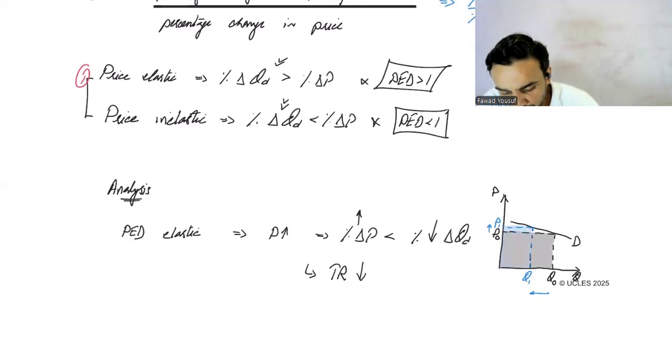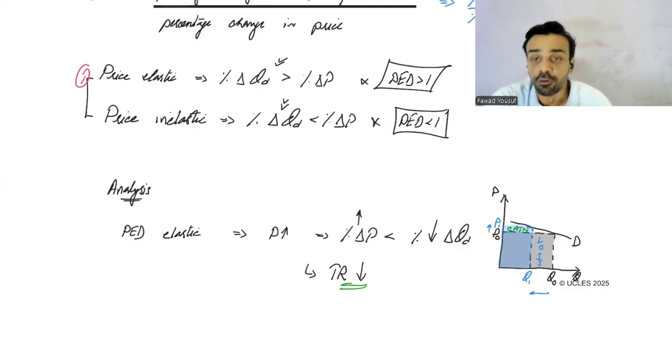Let me make sure that the color changes. Yeah, now it's better. So if you notice, because of the price rise, there is a small increase in the revenue, the new revenue. But because of the big fall in the quantity, you're basically losing much. So there's more of a loss in the revenue than the gain in the revenue. So the revenue falls.